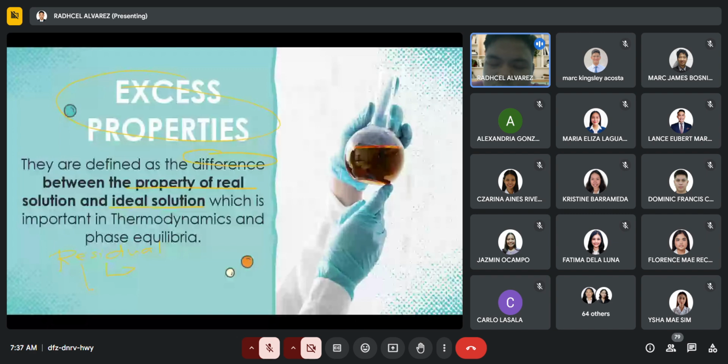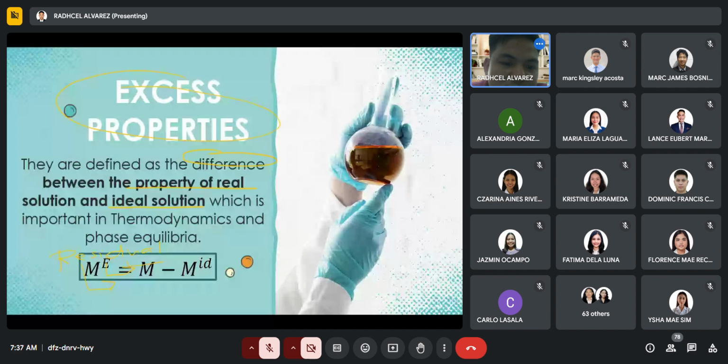So kapag ang pinag-uusapan natin ay deviation of residual property, but when we are talking about the properties of the solutions, we have here a property M raised to E is equal to M minus the property of the ideal M. We are concerned with excess properties.